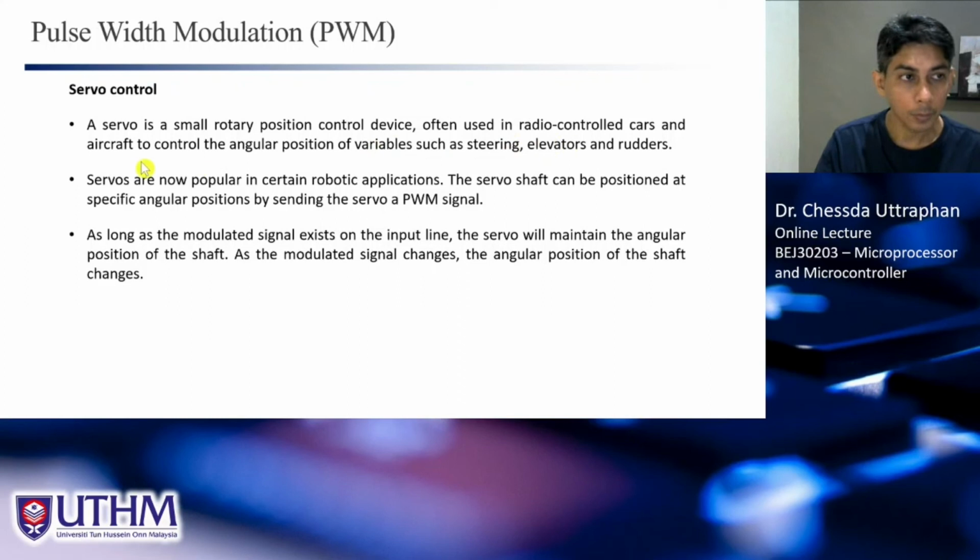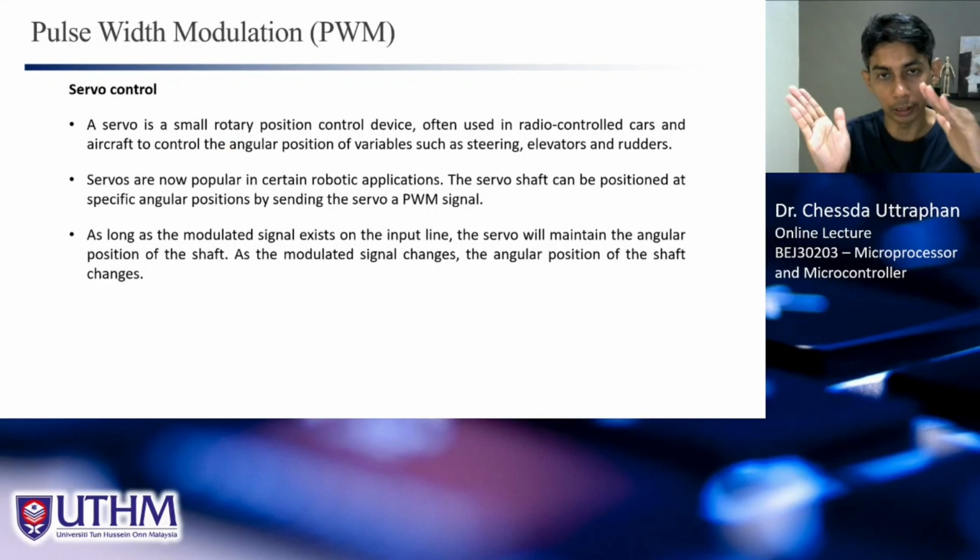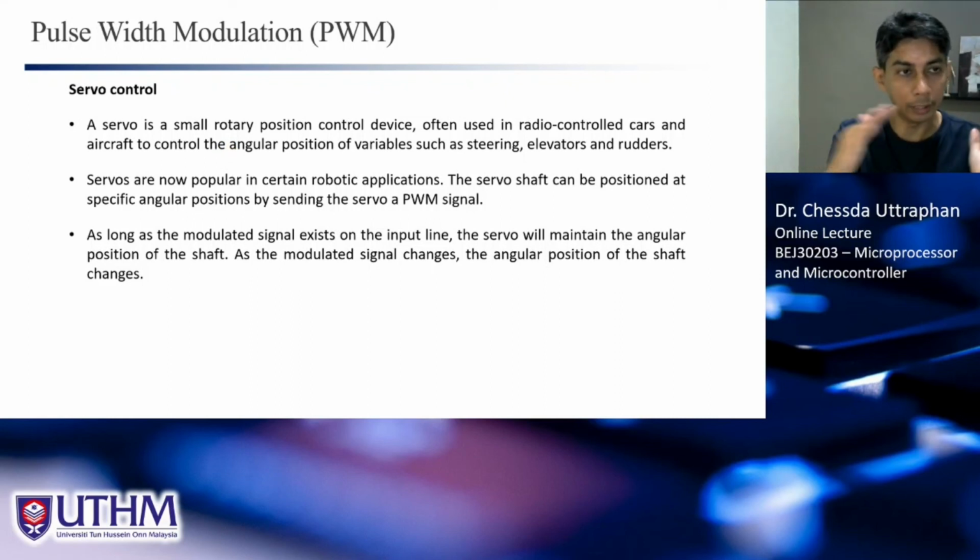For example, the radio control car, the RC car. The wheel of the car is actually controlled by a servo motor, because you can see the position, whether it is straight or turned, where we want to turn right and turn left and so on. So it depends on servo control actually.